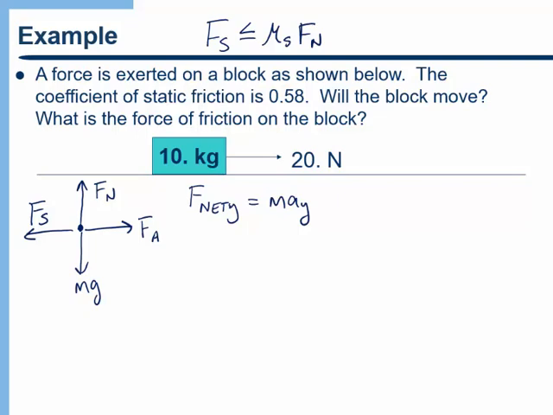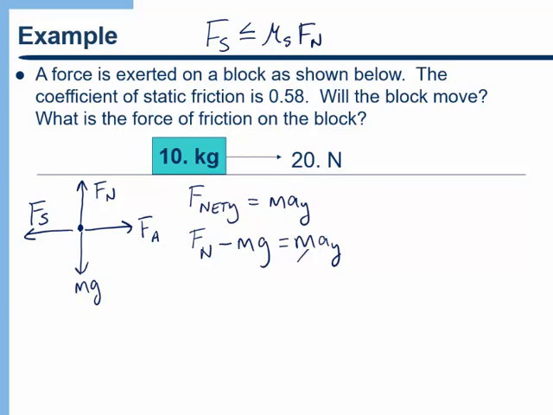So let's go ahead and look at Newton's second law in the y direction. If we look at the net force acting in the y direction, we can see there are only two forces acting. We've got the normal force acting up. We've got mg acting down, so Fn minus mg is equal to may. Now, our object is not accelerating in the y direction. It's not even moving up or down.